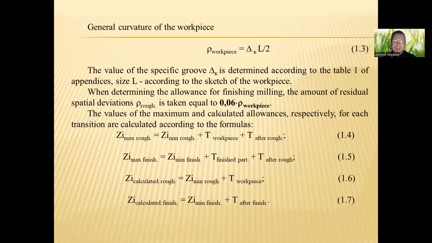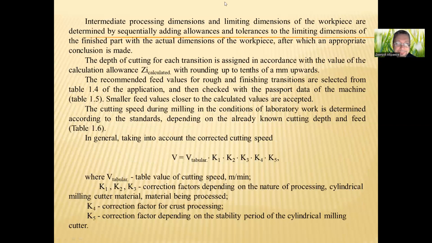And we start the next slide. Intermediate processing dimensions and limiting dimensions of the workpiece are determined by sequentially adding allowances and tolerances to the limiting dimensions of the finished part with the actual dimensions of the workpiece, after which an appropriate conclusion is made.